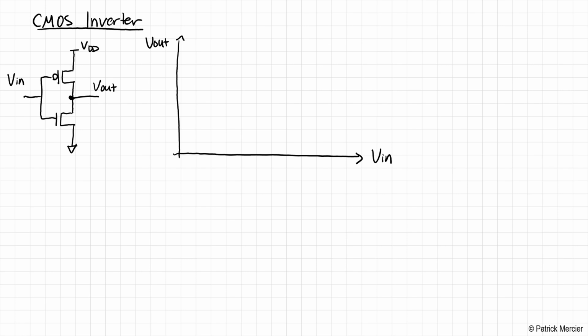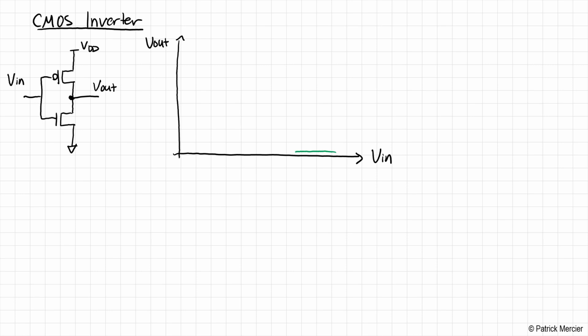Well, unfortunately, that's not correct. It's not correct because Vout is very small. Therefore, VDS of this transistor is very small. If VDS is small, it must be operating in the linear regime. So what that means is that when Vin is large, Vout is rather small.